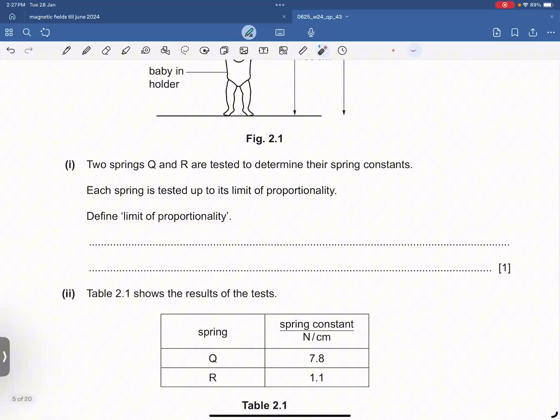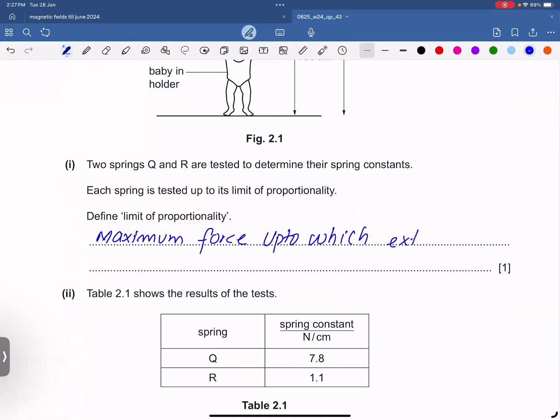Define limit of proportionality. You can say it's the maximum force up to which extension is directly proportional to the load.